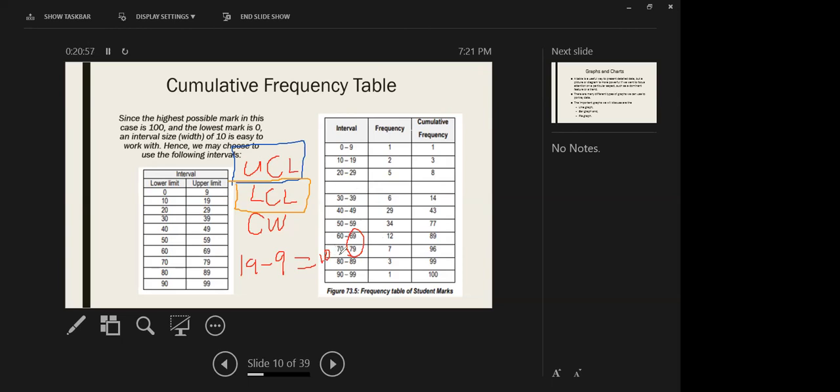Even if we use the lower class limits, it's 70 minus 60, which is also 10. So regardless of whichever adjacent classes you take, you will still get the same class width because it doesn't change. I'm hoping that you really got what I am trying to say here.